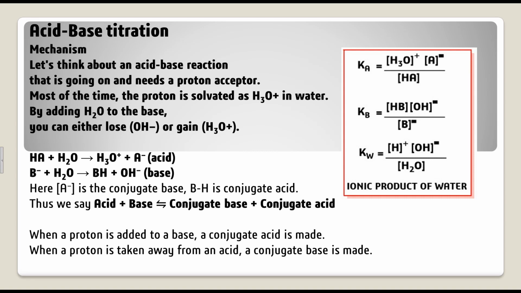Here, this equation clearly shows acid reacts with water, you get H3O plus ion. Base reacts with water, it gives you OH minus ion. If an acid and base react, they give a conjugate base and conjugate acid.